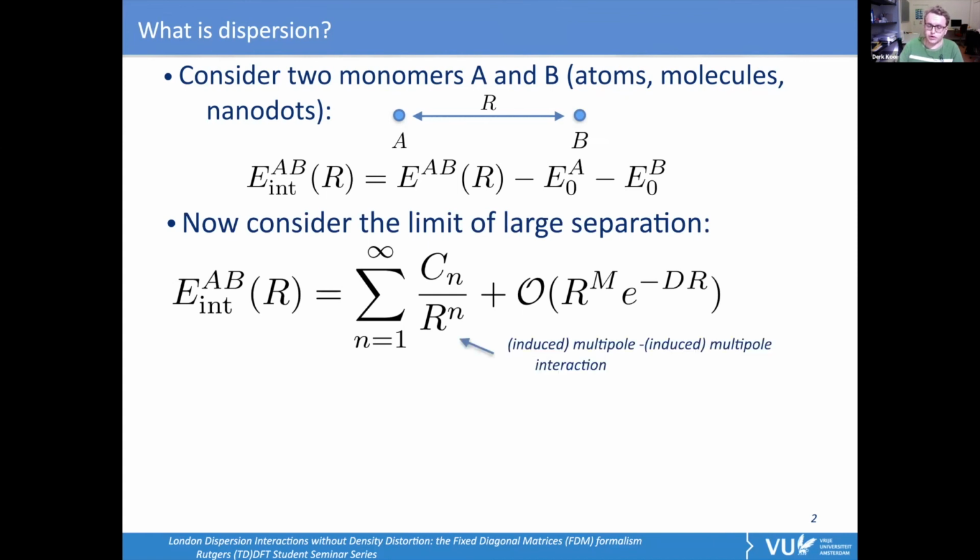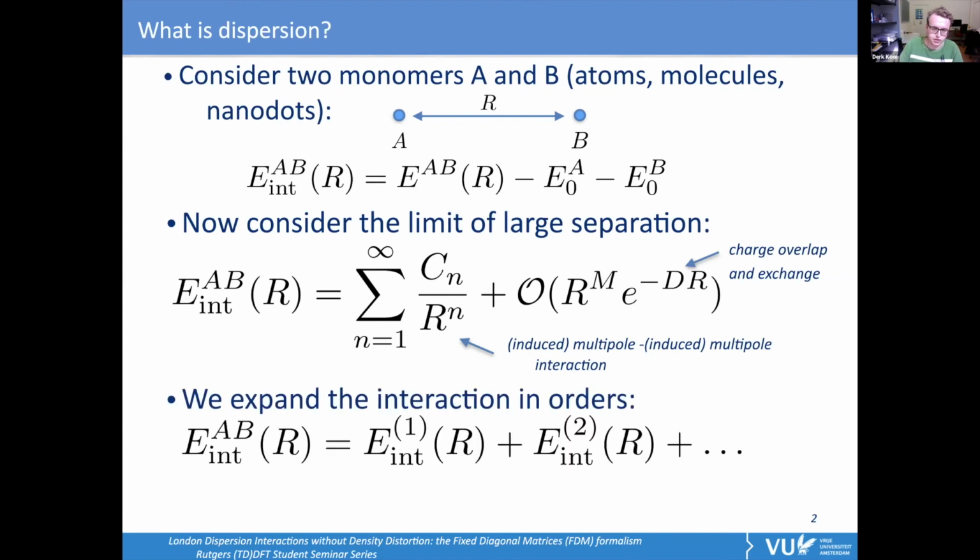This power series in 1 over r corresponds to the multipole interactions, but also the induced multipole interactions and the induced-induced multipole interactions. The exponentially small terms correspond to charge overlap and exchange. Then we often expand the interaction in orders because it is weak. At first order, we obtain the electrostatics, the permanent multipole interactions.